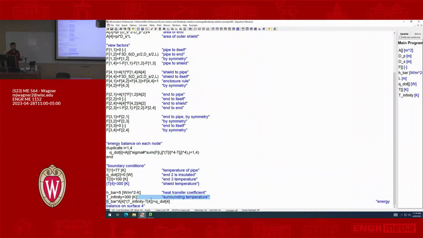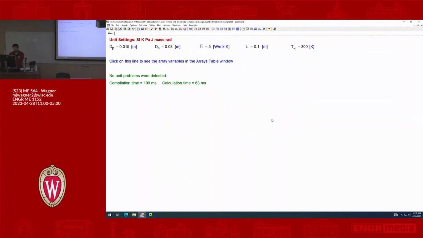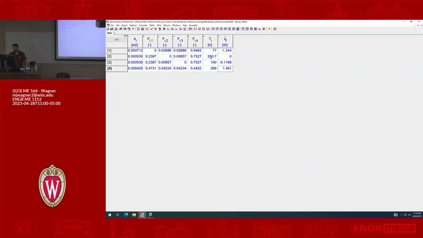And I've got some convection relationship, T infinity to T4, and we have to relate it to the heat transfer across that surface. So that's our balance on surface 4. We can solve that, and now we would see our temperature, which was previously 270 something, has changed, right? And some of the other heat flows have changed as well. So we're solving this kind of coupled problem, which makes it a little more practical.